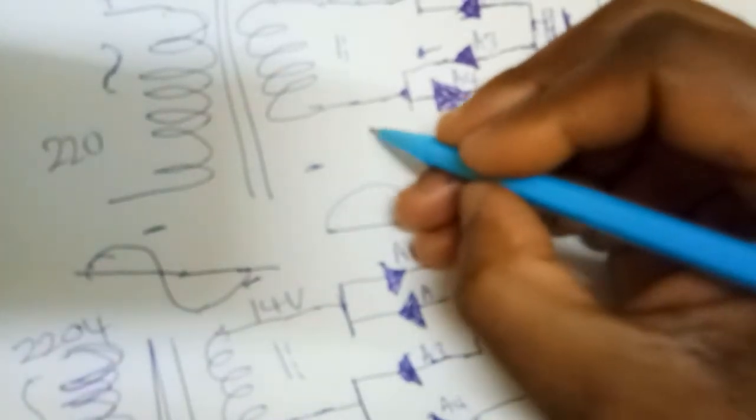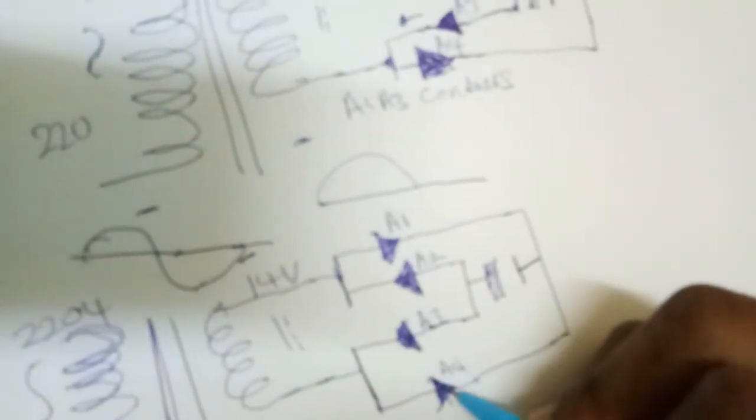A1, A2, A3, A4. As you can see, this diode is forward biased.